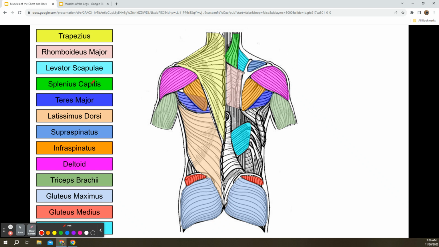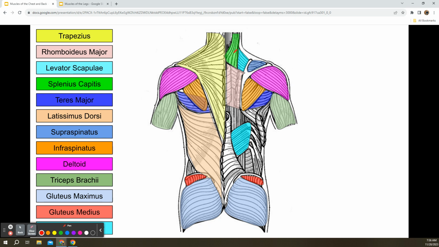Next, we have our splenius capitis. We're going to see this along where its origin point is also going to be identified as that thoracic bone, again our thoracic vertebrae.